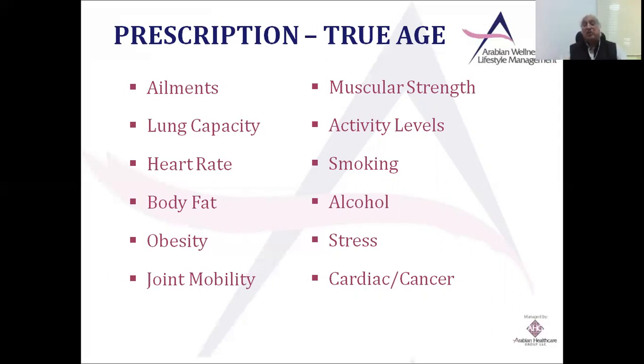We consider your lung capacity, your heart rate, your percentage of body fat, your flexibility, your strength, your metabolic activity levels. Do you smoke? Do you drink alcohol? Do you have stress? Have you suffered a cardiac event or cancer? All of these help us to come to a realization as to what your true age is.